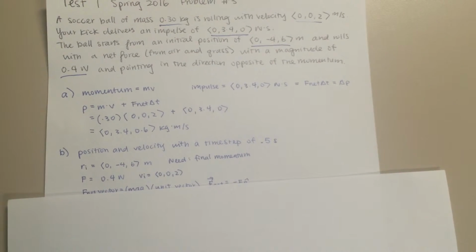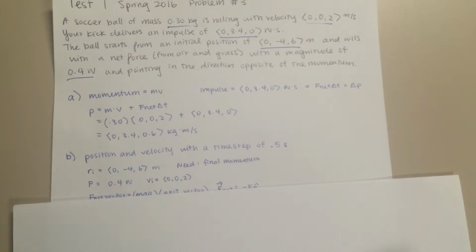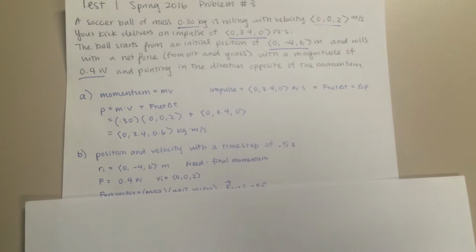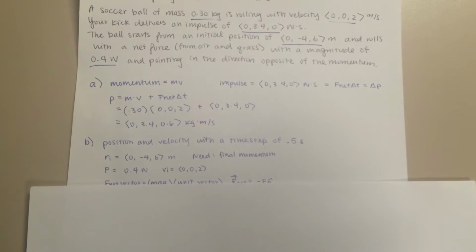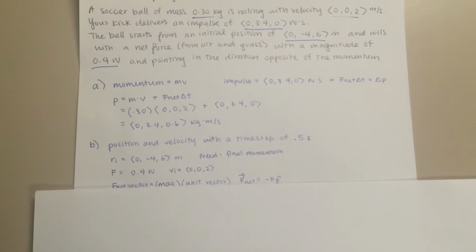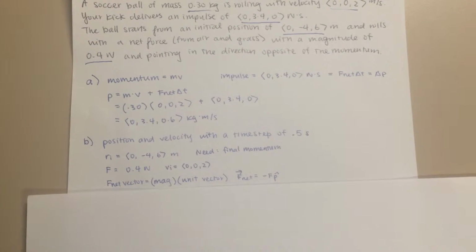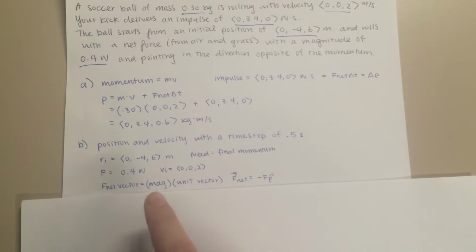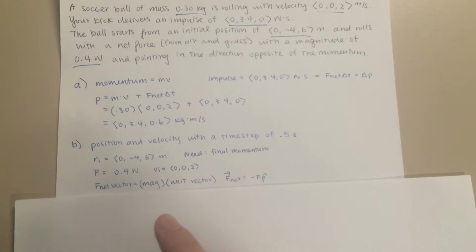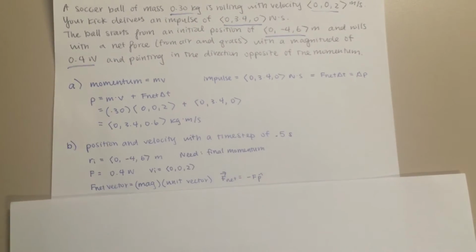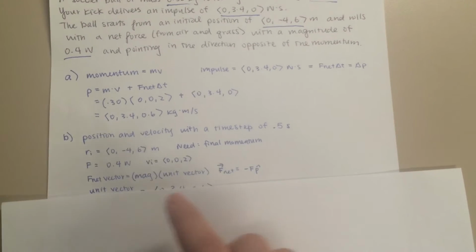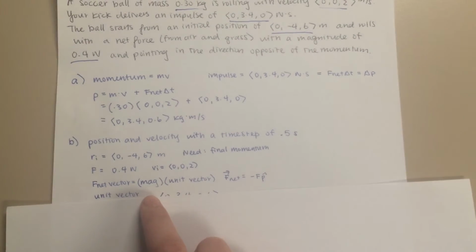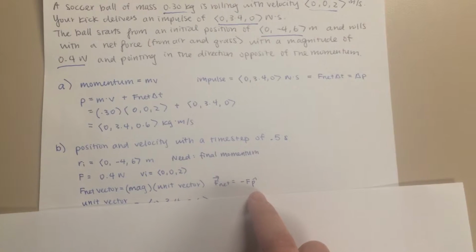So in order to find a final momentum, we'll need the net force. For net force, they give us 0.4 newtons, but that's the magnitude, and we need a vector. So we can find that the F net vector is equal to the magnitude times the unit vector of the momentum.